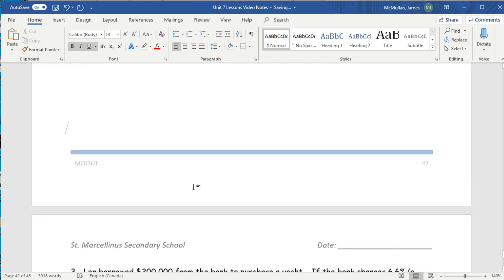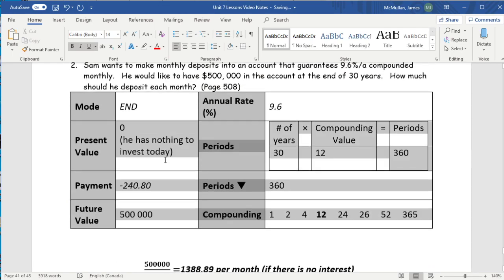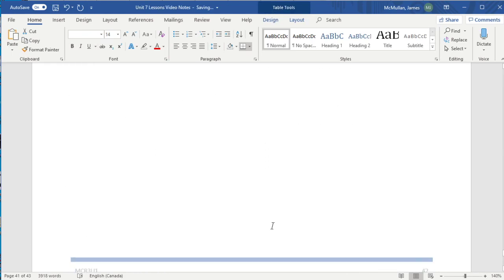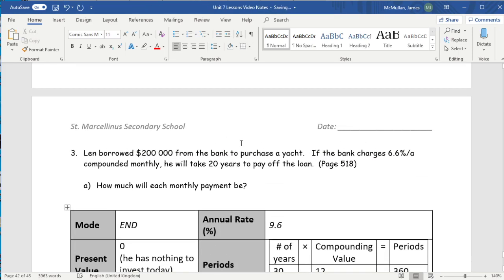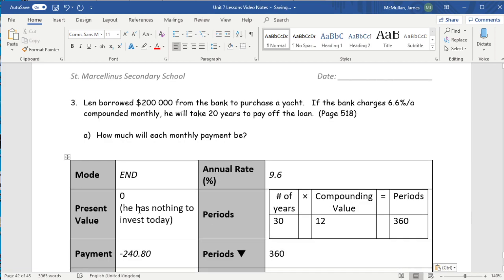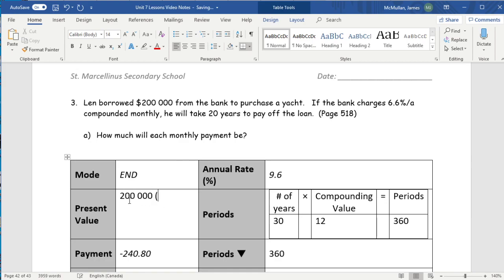Okay, Len borrowed $200,000 from the bank to purchase a yacht. So present value, he gained that money today. That's why it's positive. Remember, PV is positive for a loan, since you gain money now.